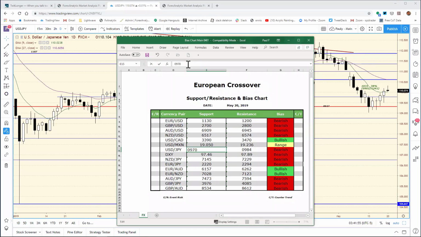So if you think that the dollar yen will slide back, you'd be looking to try and cover as we went down there.